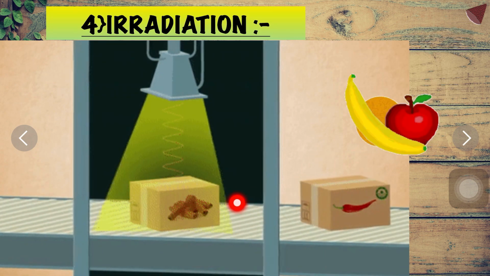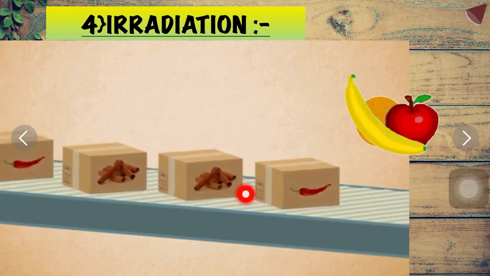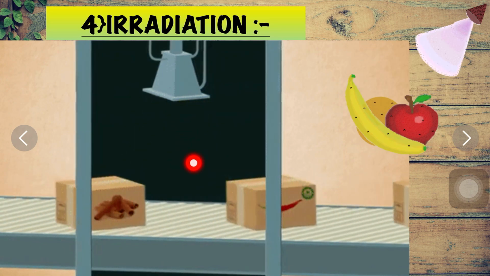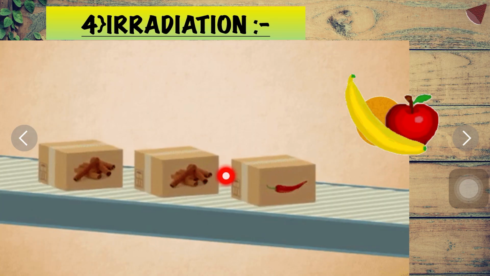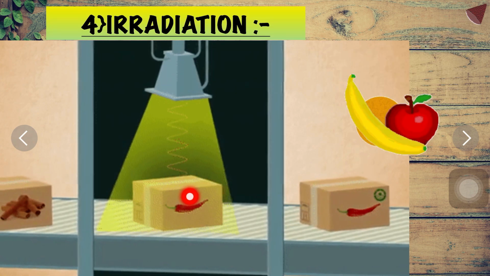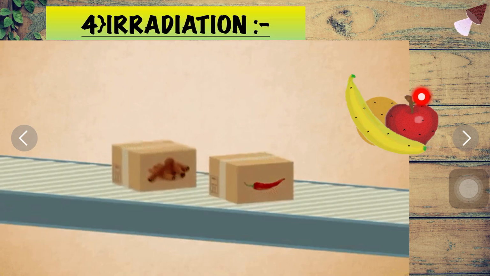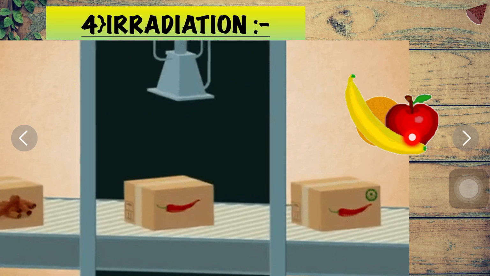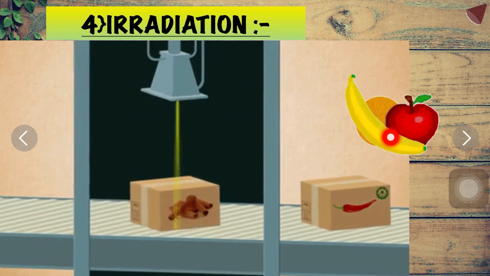The shelf life of potatoes and onions increases due to slowed sprouting. As you can see in the image, gamma rays have been sprayed on boxes of fruit, so it will increase the shelf life of the fruits. And here the gamma rays are sprayed on the fruits, so the number of bacteria is going to decrease.